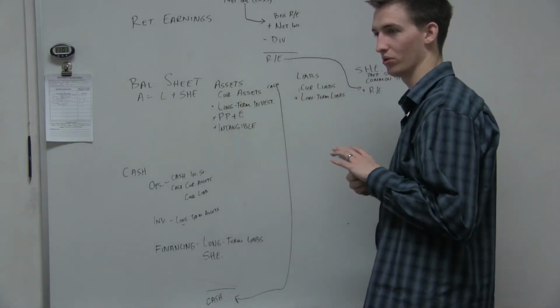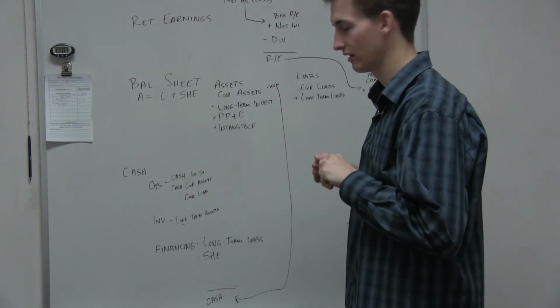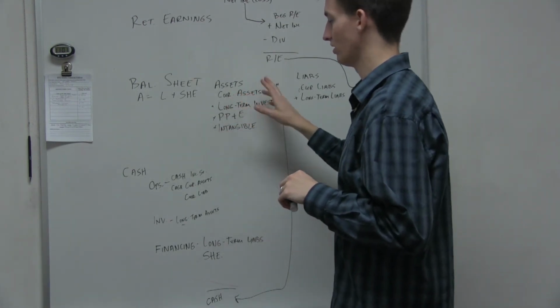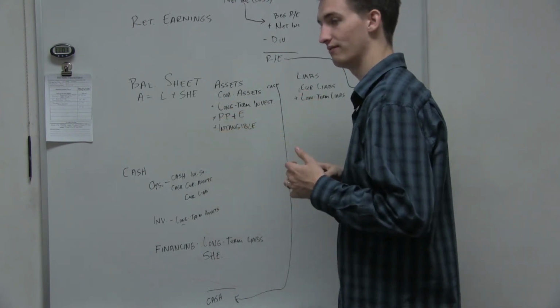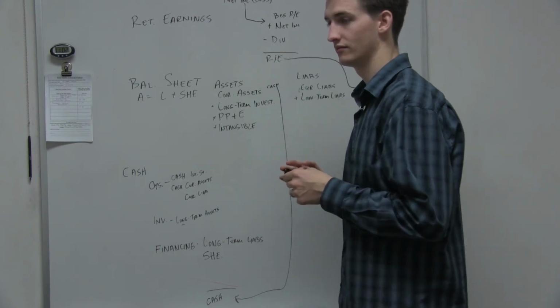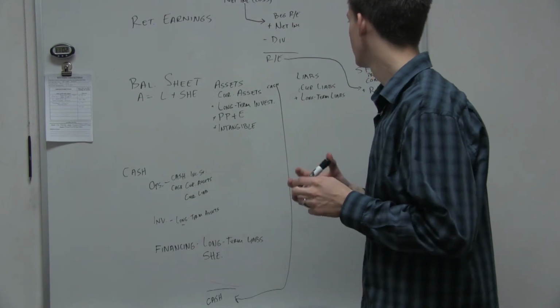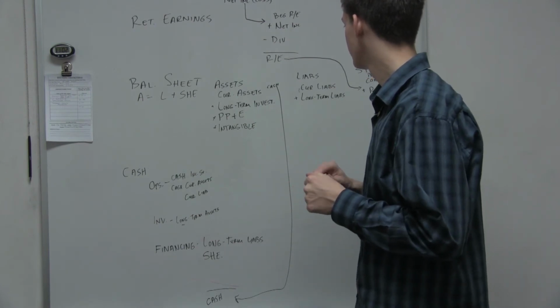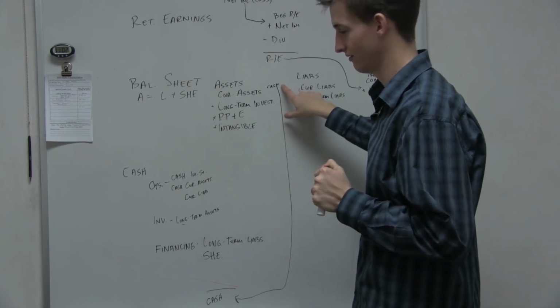It's kind of our check number to make sure we've got all of our cash included. And then we'll use some of the other things within here, but you don't take numbers directly from anything else other than that one. So income statement goes into retained earnings, retained earnings goes to the balance sheet, and the current assets from the balance sheet go in the statement of cash flows. Well, just the cash from the current assets.